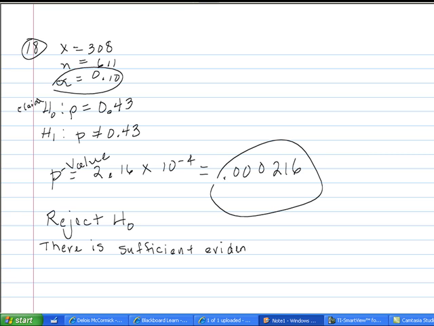Then I go back to the problem. The claim that 43% of all voters believe they voted for the winning candidate.